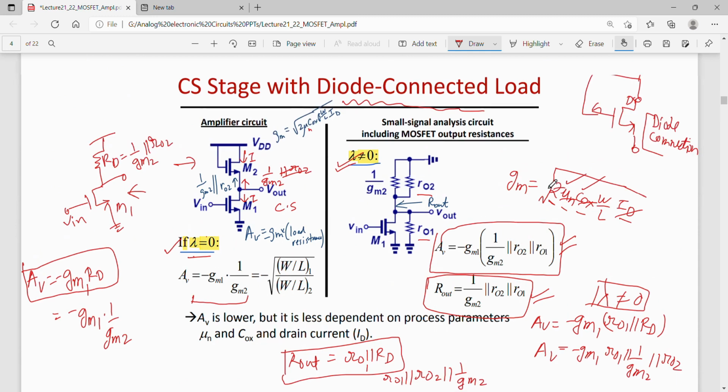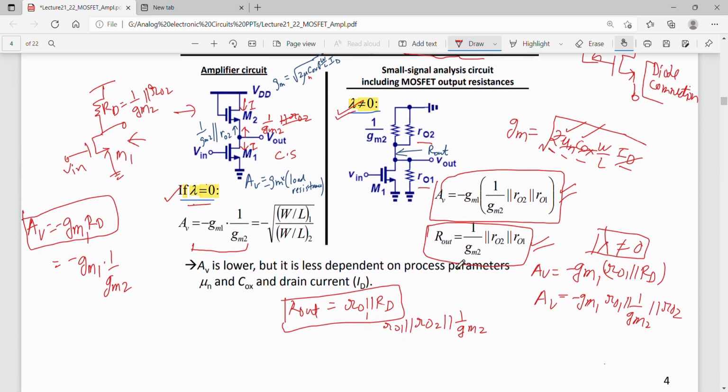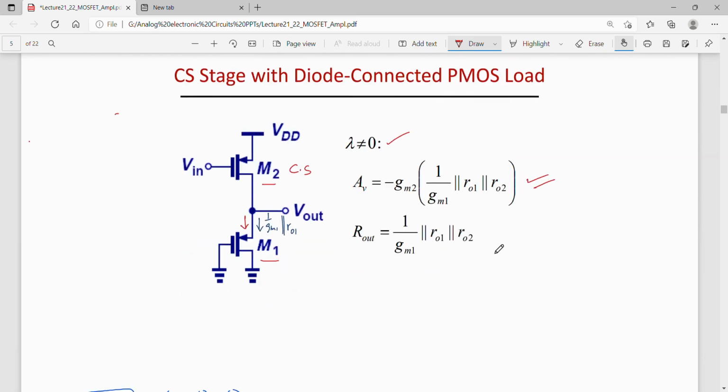Similar to how we had found it here, right? Similarly, output impedance can be found. So output impedance will be now 1 by GM1 parallel to RO1. When looking into this port it is RO2 and into this port it is this much. So total output impedance present at the output is the parallel combination of these two. Okay.